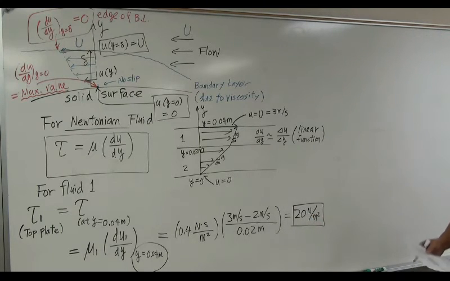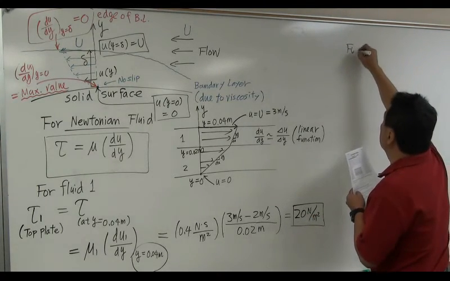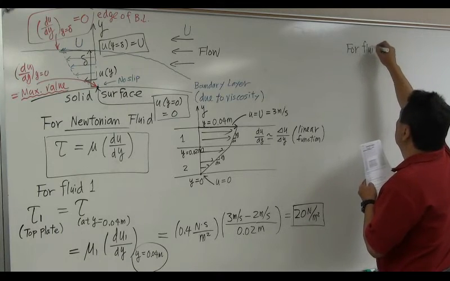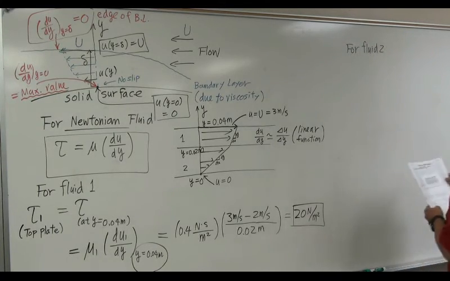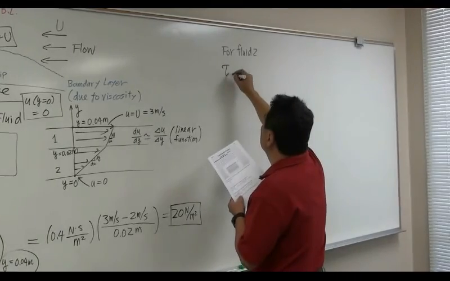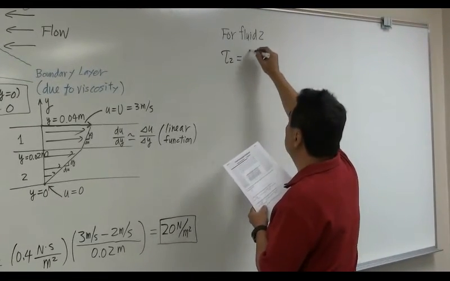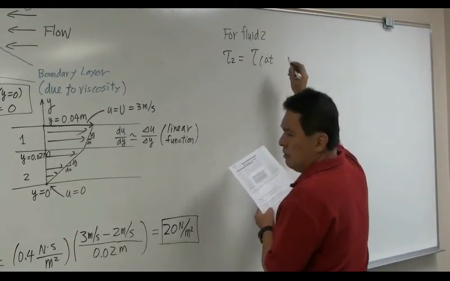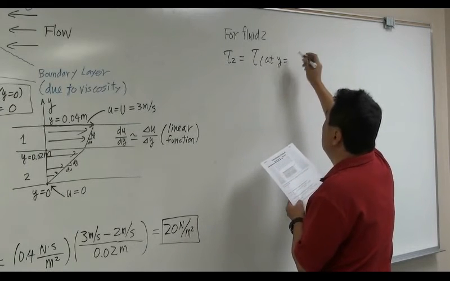Okay. So what about tau 2? This really means tau at y equal to 0.